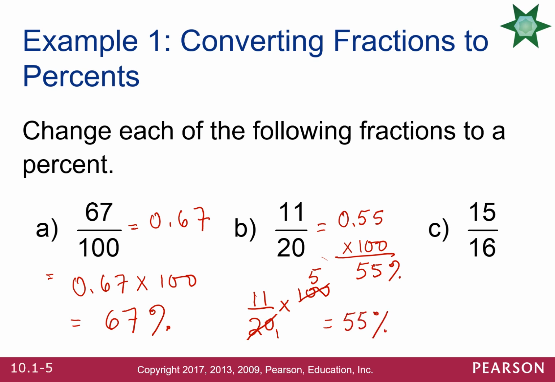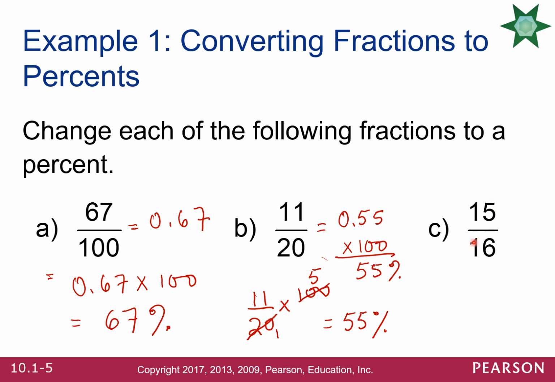You get the same answer, right? So this is another way of working out percentage values from fractions. You first multiply the fraction by 100, and then do the division.